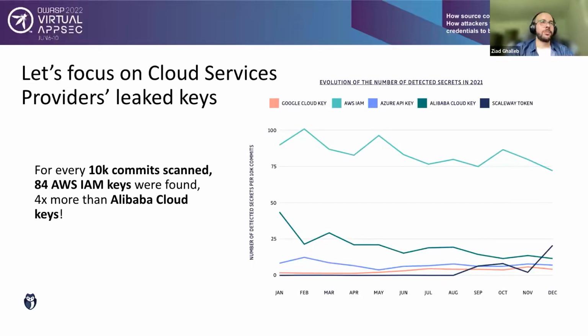As you can see from the chart, the AWS IAM keys are the majority of secrets we found for cloud providers. For every 10,000 commits scanned, there are 84 AWS keys in public GitHub. If we consider all other things being equal, this also shows us that AWS is dominating its market, and we can infer this.